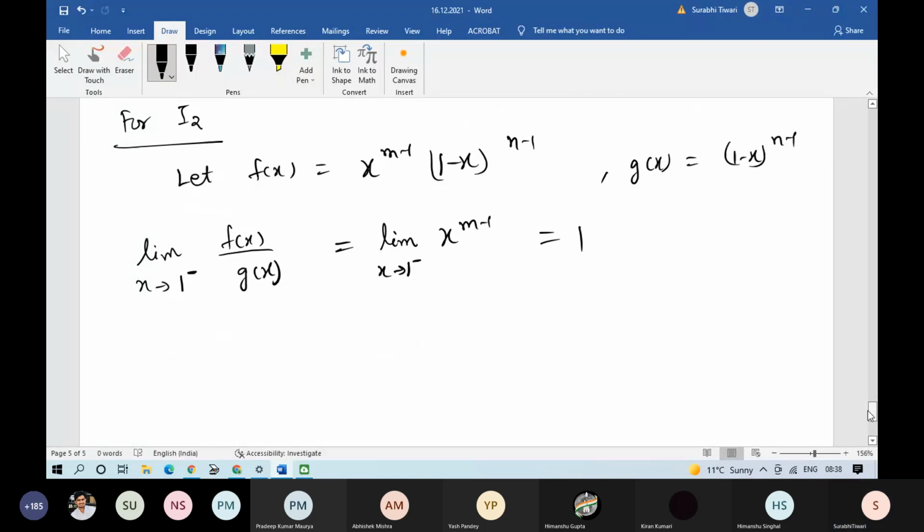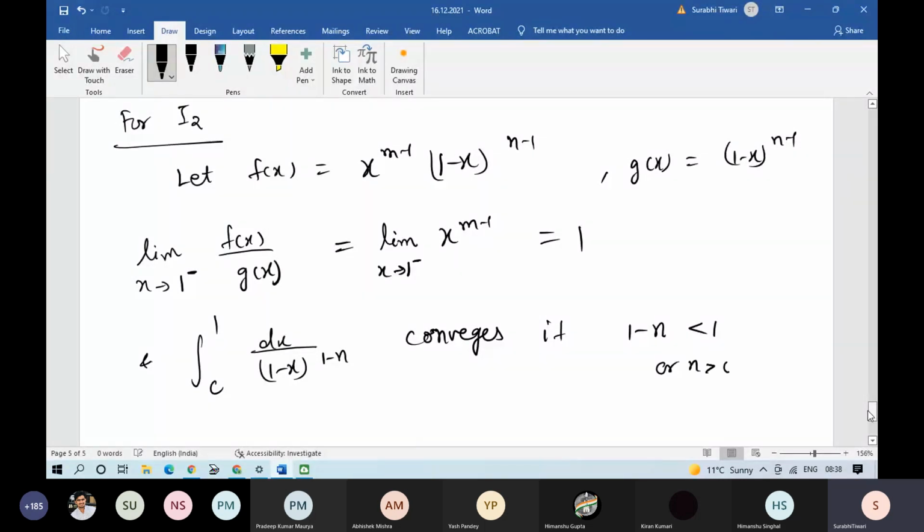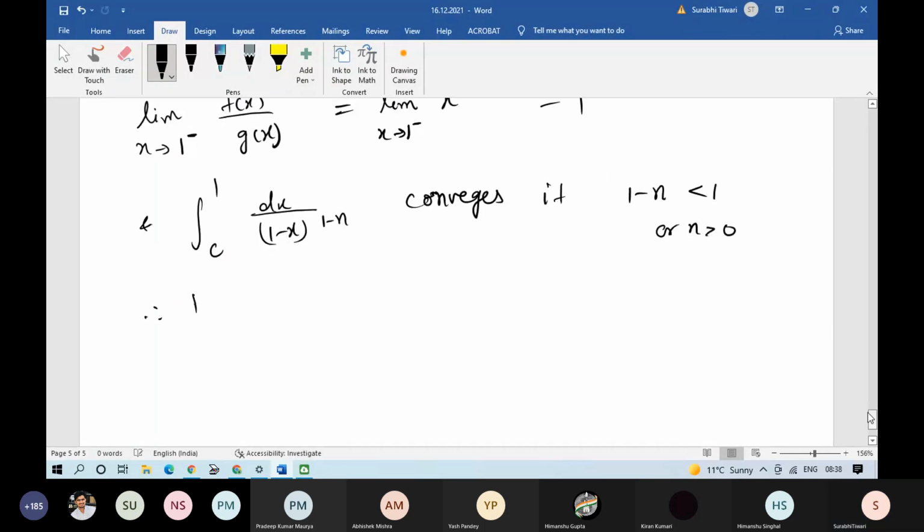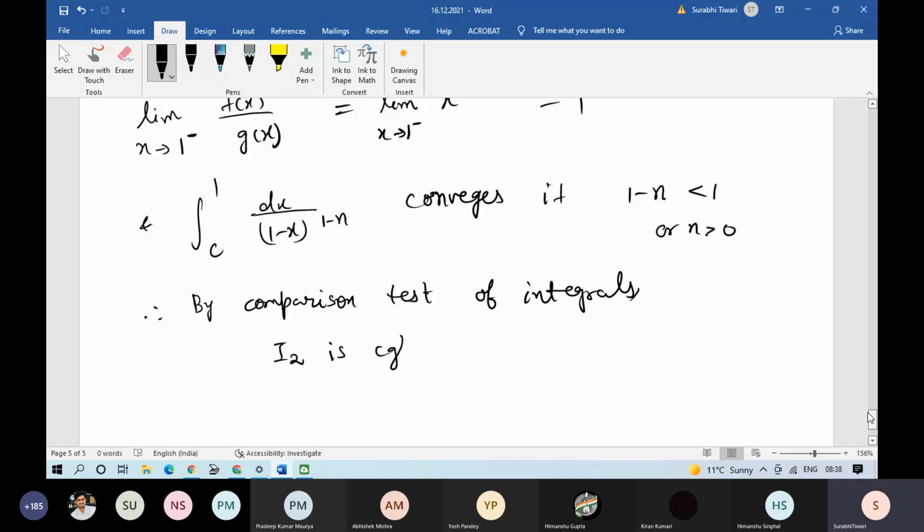And the integral from c to 1 of dx upon (1 minus x) to the power of 1 minus n converges if 1 minus n is less than 1, or n is greater than 0. So therefore, by the comparison test of integrals, I2 is convergent for n greater than 0.